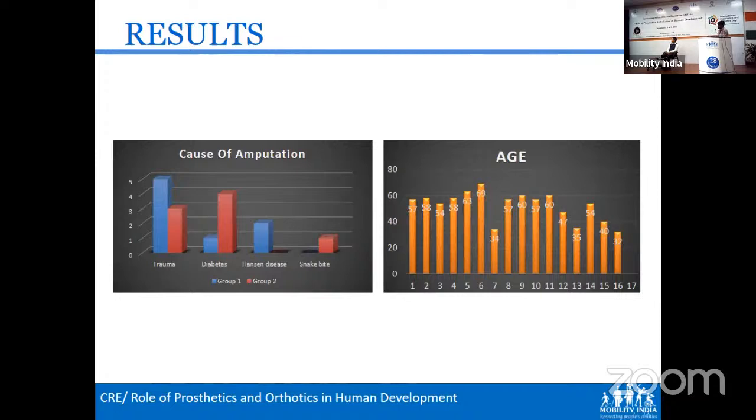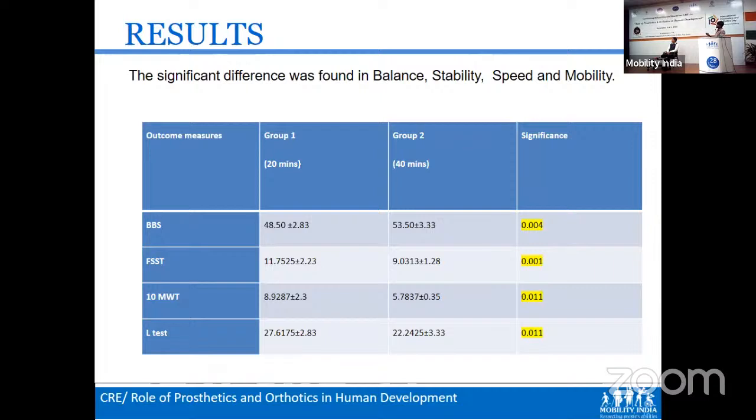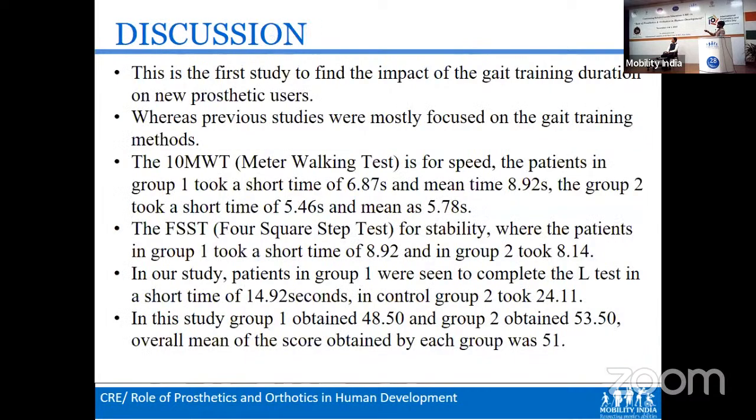The mean age of the total study was 58. This is the result we found in the student paired test, and this test gave significant results for the study. We will discuss this in the discussion.